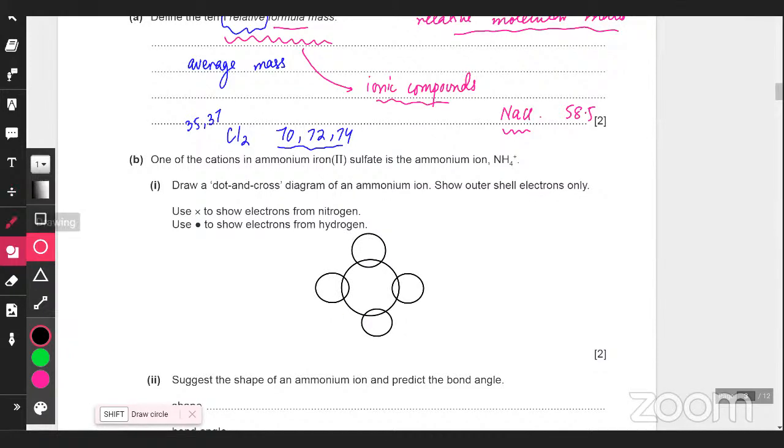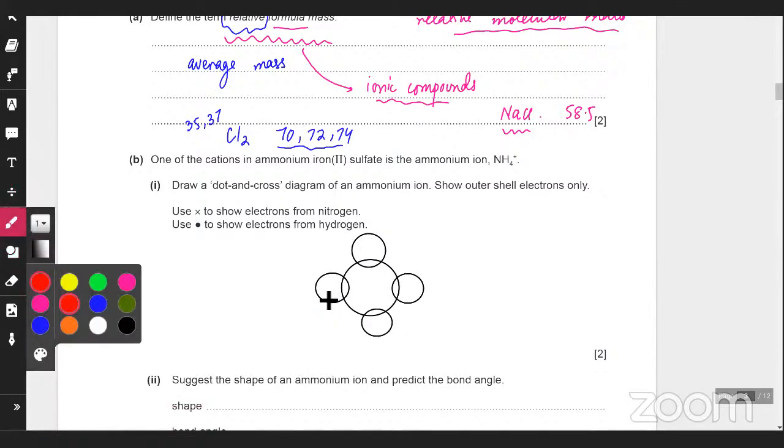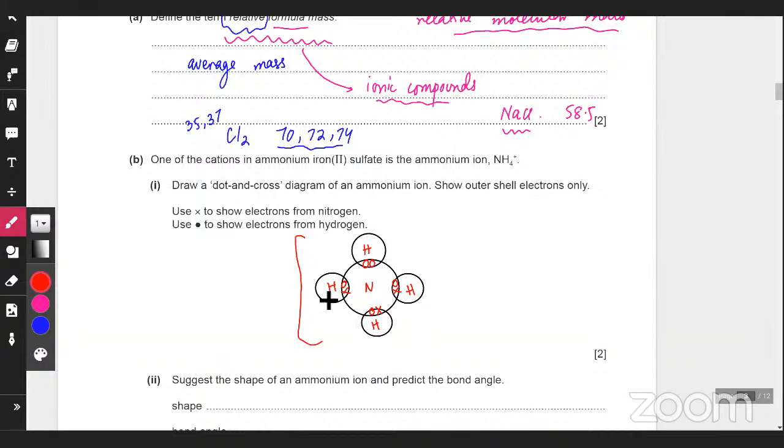N usually forms three bonds. So on three sides, it's bonded to three hydrogens. On the other side, it has a lone pair, but that lone pair ends up attracting an H plus one ion, which is why this entire thing gets a plus one charge.